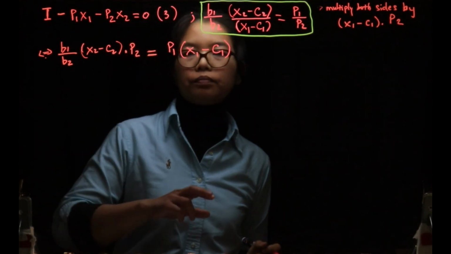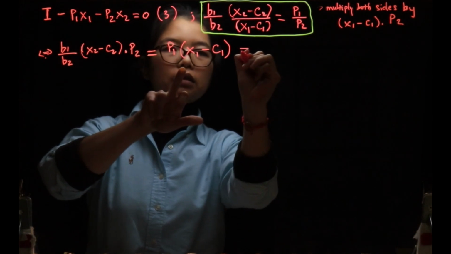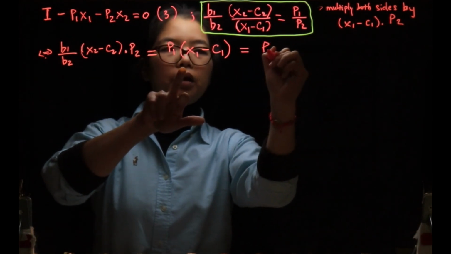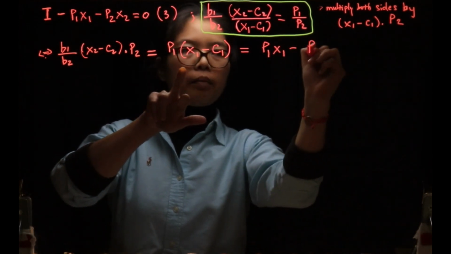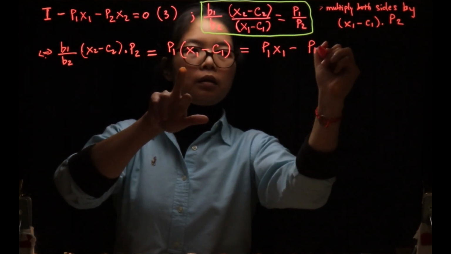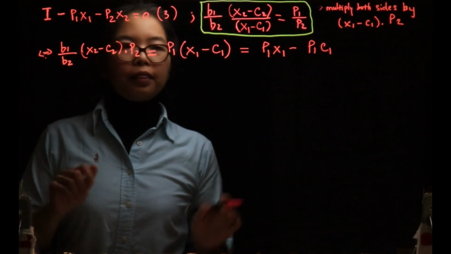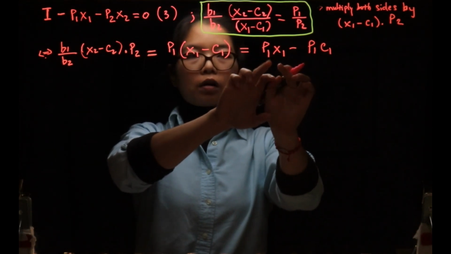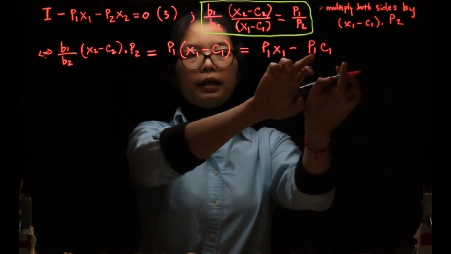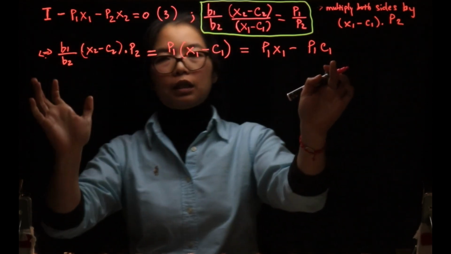All right. And then we could even write it as p1 x1 minus p1 c1, right? And now let's first solve for p1 x1 by putting this term p1 c1 to the other side.